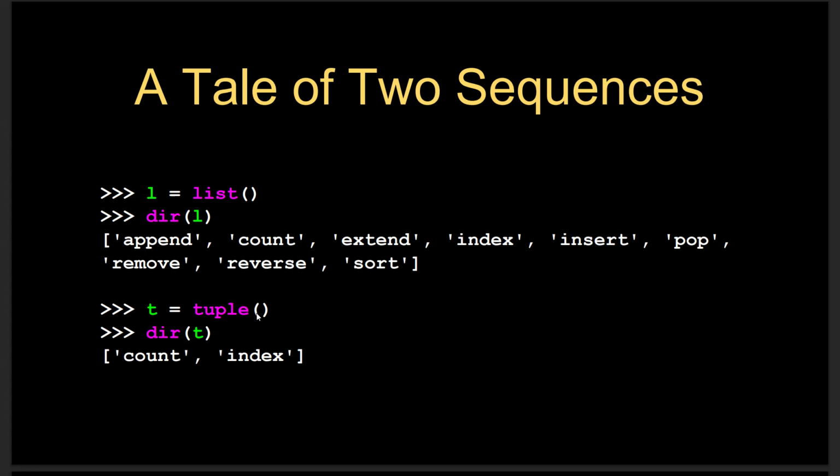Next one, t equal to tuple. So here I am using this tuple constructor and I am creating an empty tuple. So whenever I do dir of t, it will show whatever operations we can perform on this tuple. It means we can do count operation and index operation because we cannot change the content of the tuple.